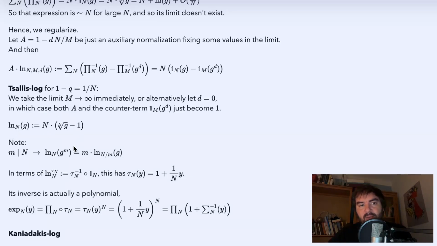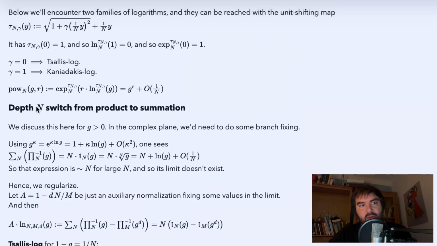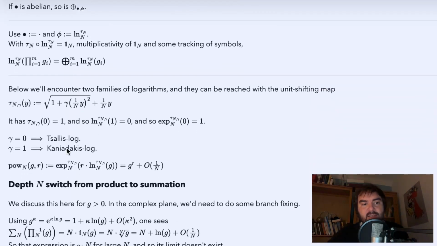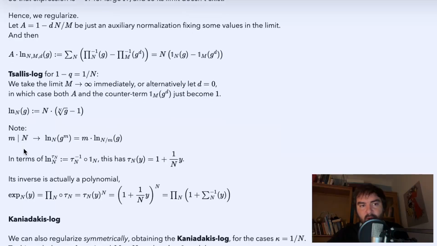And in fact, this object, as we have just argued in this definition, is also actually a homomorphism between multiplication, which we take away, and addition, a sort of form of addition in another world, which we will see for this finite n is not just addition on the real numbers, but it's some other structure. But in any case, all these deformed logarithms are these nice structure preserving maps.